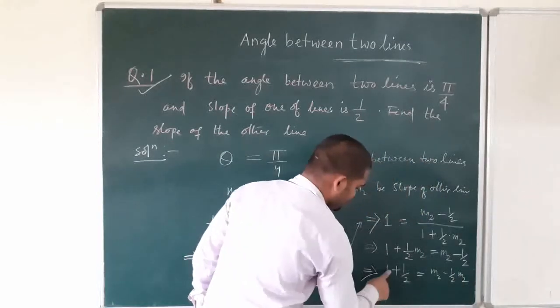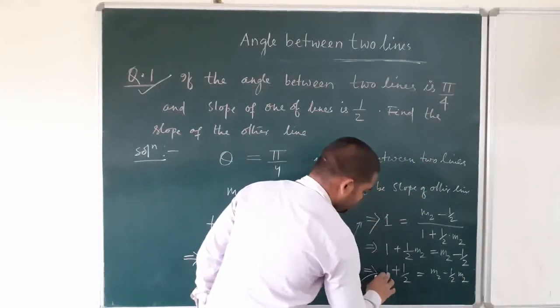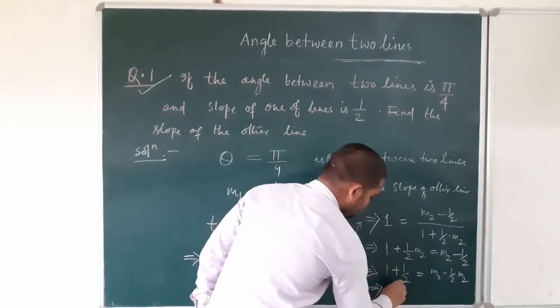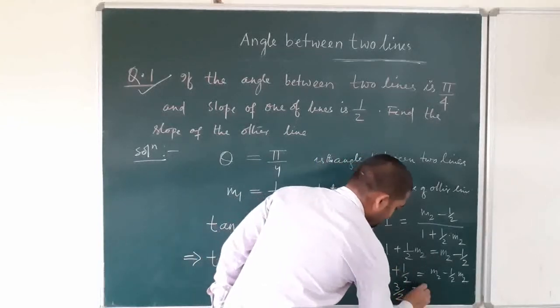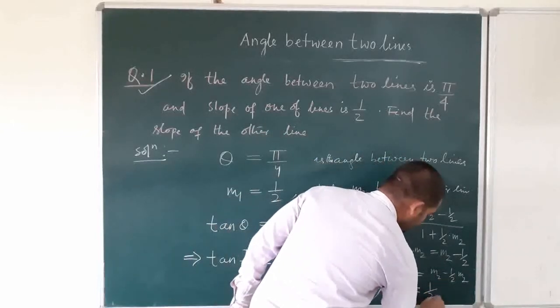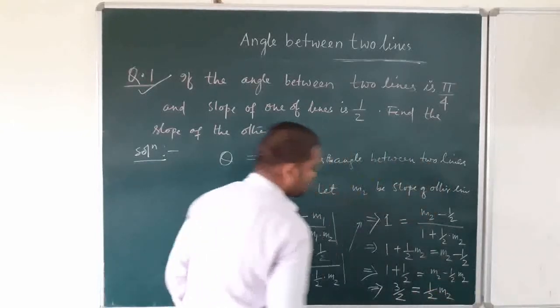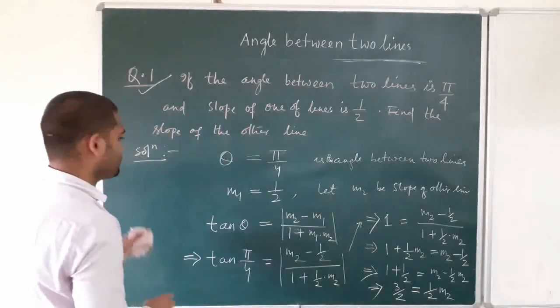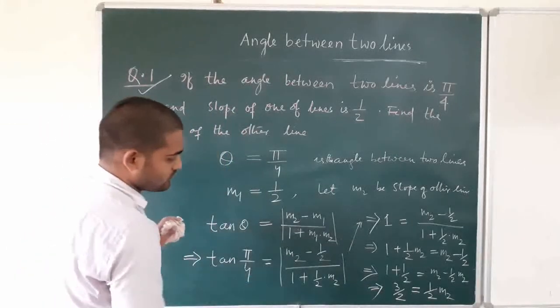This is equal to 3 by 2, which is equal to 1 by 2 M2.